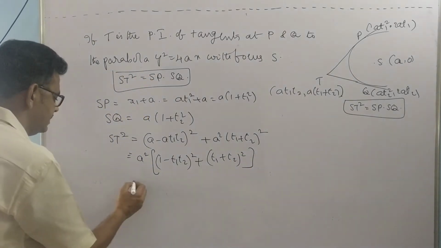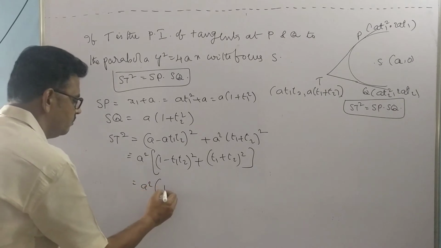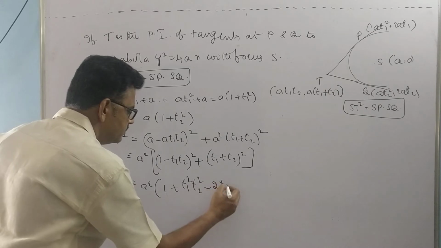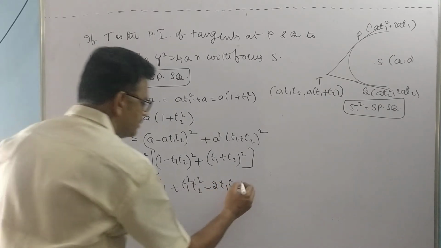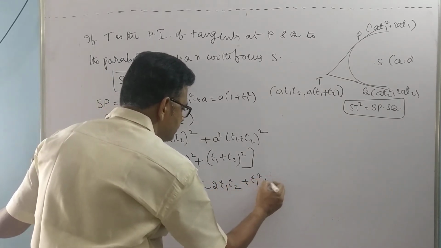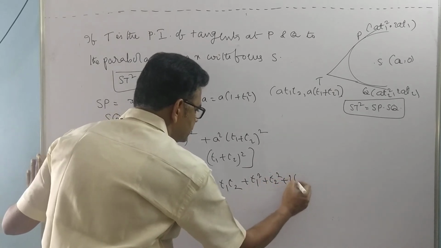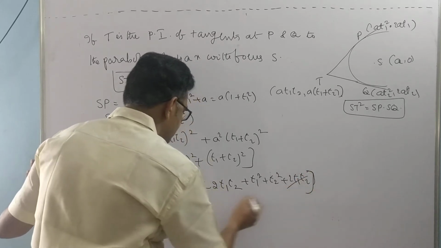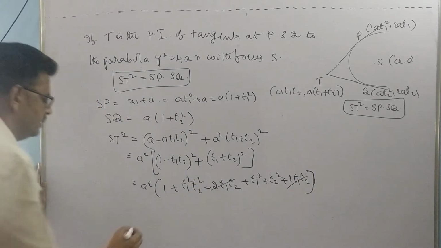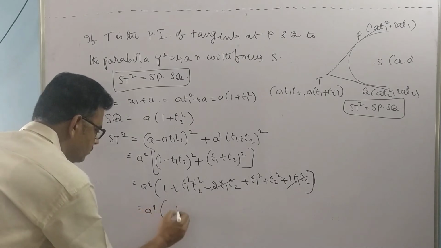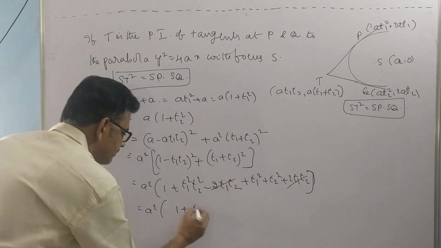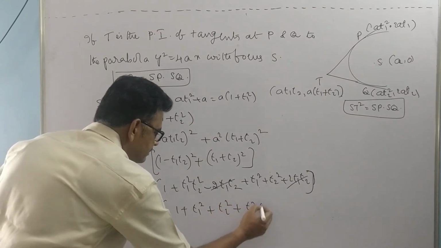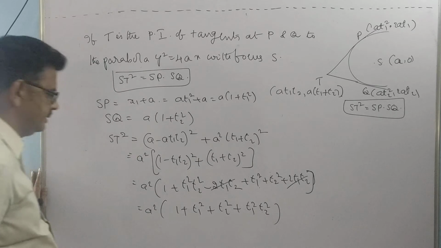So by expanding, this is a square into 1 plus t1 square t2 square minus 2 t1 t2 plus t1 square plus t2 square plus 2 t1 t2. So these two get cancelled. That is a square into 1 plus t1 square plus t2 square plus t1 square t2 square.